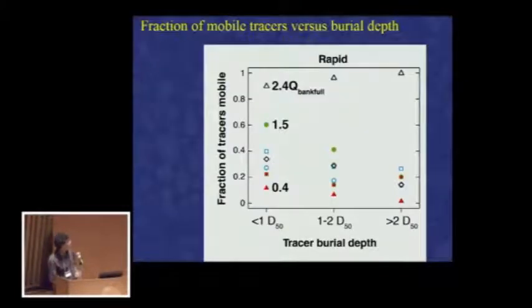If we consider the same situation in terms of depth of layer, you can see that during the low event the depth of the active layer declines with burial depth, but during high flows the depth is the same for all of them.